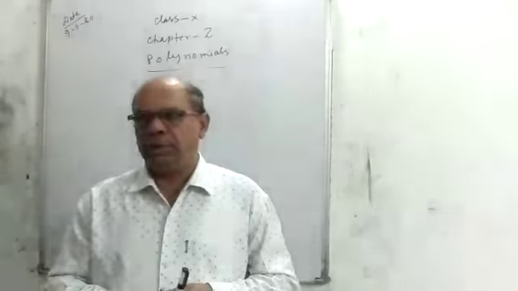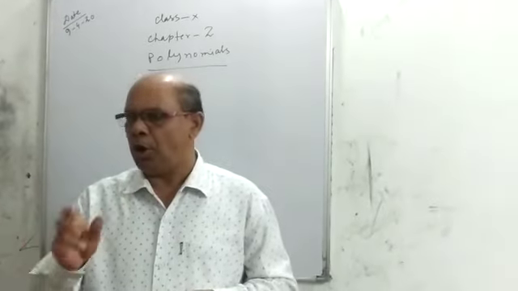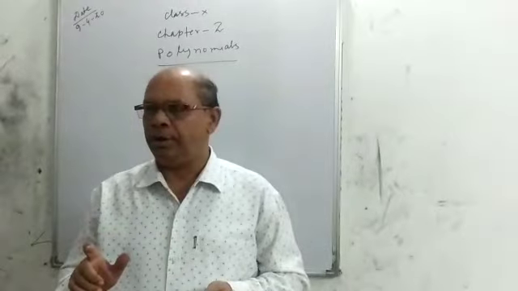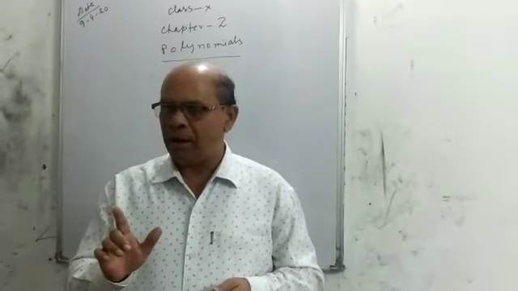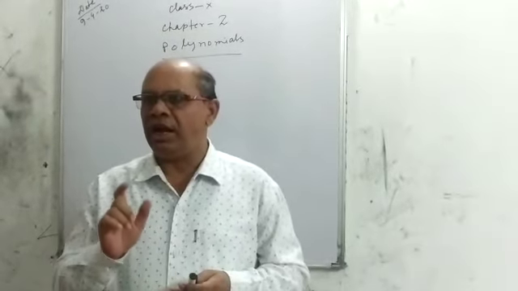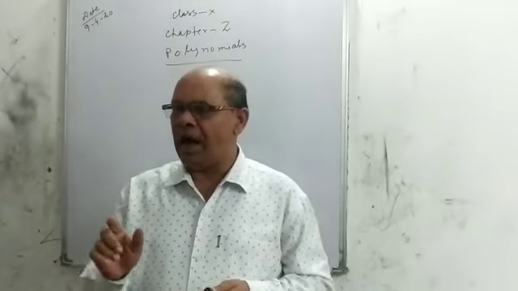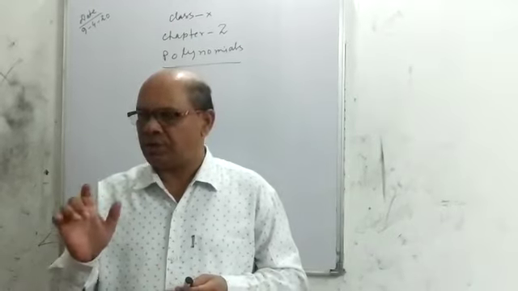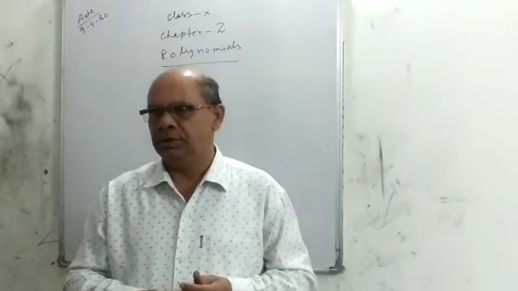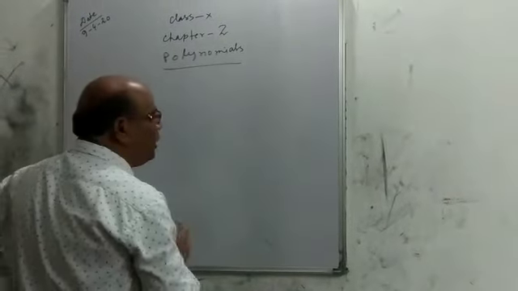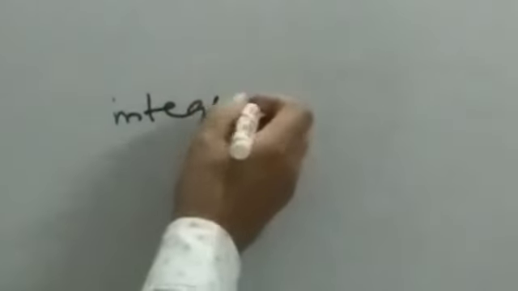First, the definition of polynomials. An algebraic expression in which the power of the variable is a non-negative integer and the coefficients are real numbers is called a polynomial. So the power of the variable must be an integer, but it cannot be negative.